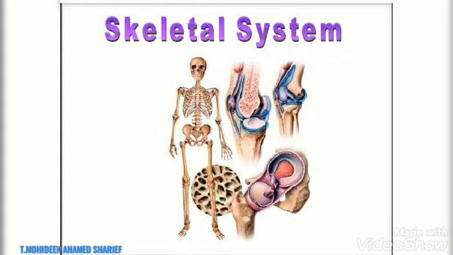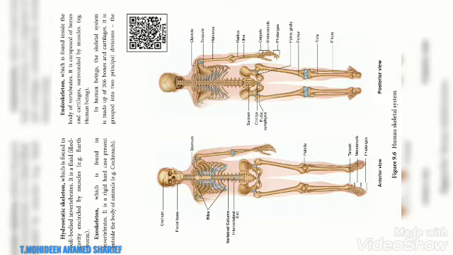In human beings, the skeletal system is made up of 206 bones and cartilages, and it is grouped into two principal divisions. They are axial skeleton and appendicular skeleton. The axial skeleton consists of 80 bones and the appendicular skeleton consists of 126 bones.